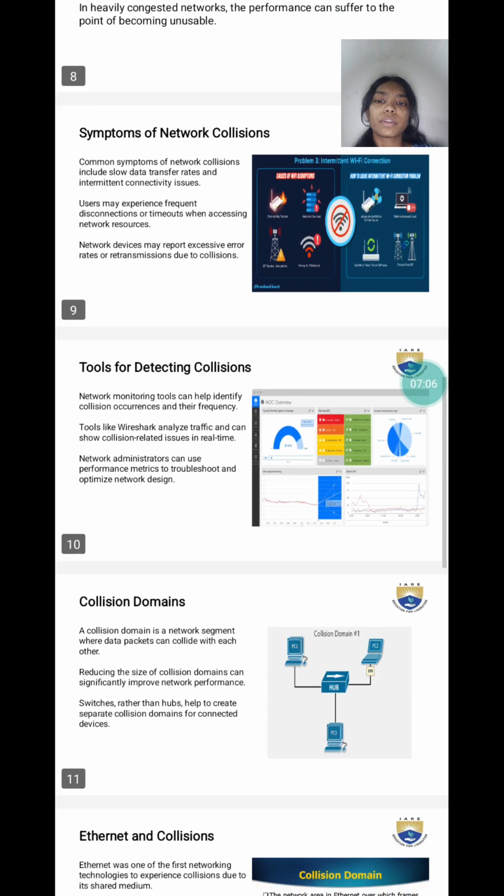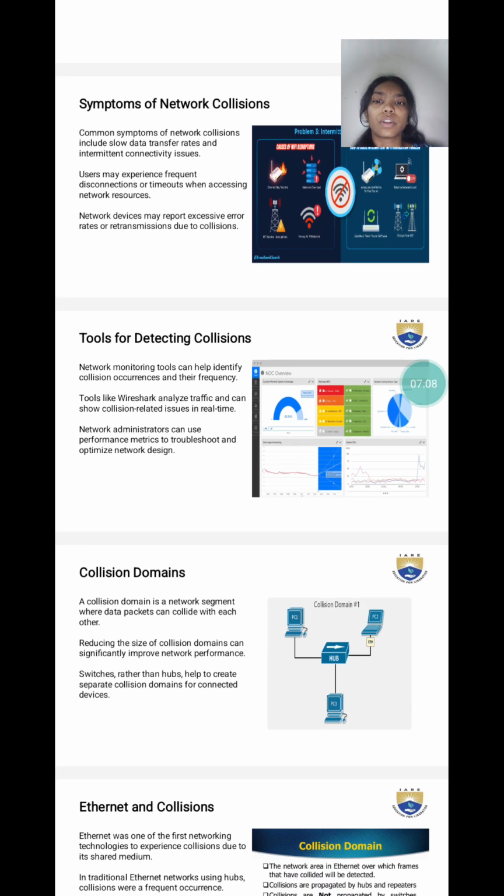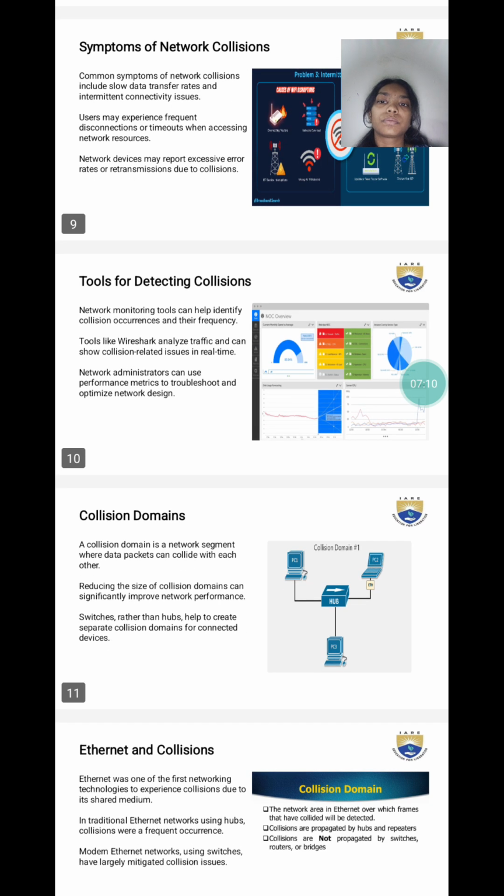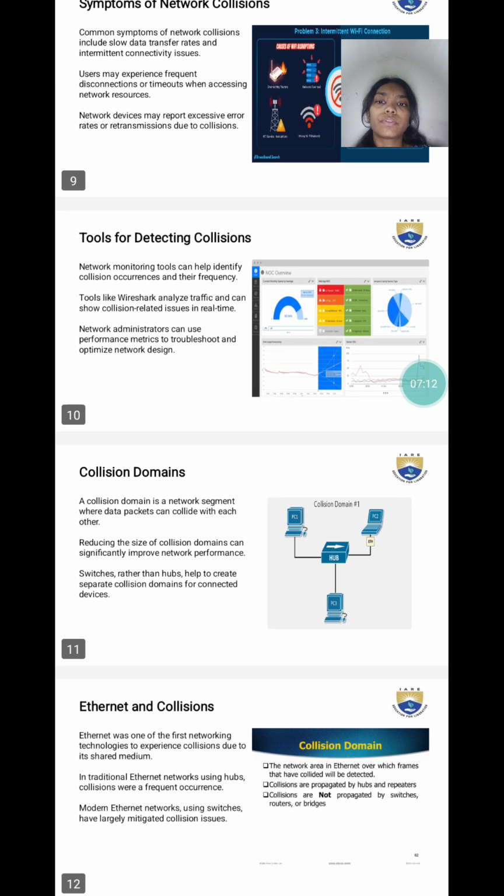Now, what tools do we use to detect collisions? Network monitoring tools can help identify collision occurrence and their frequency. Tools like Wireshark analyze traffic and can show collision-related issues in real time.